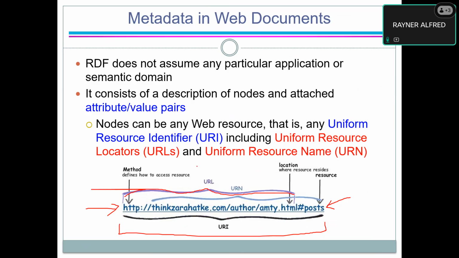And in some cases, we don't include this HTTP. So this is called the uniform resource name. So this is the name. This is the identifier when we include the protocol. And if we do not include here, so this is only the location, the landing page.